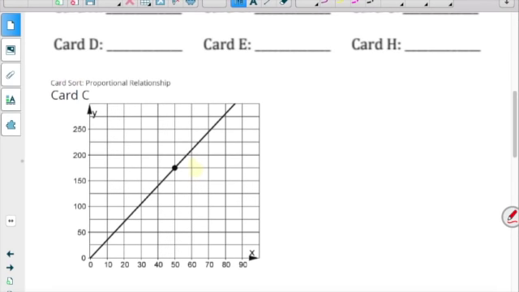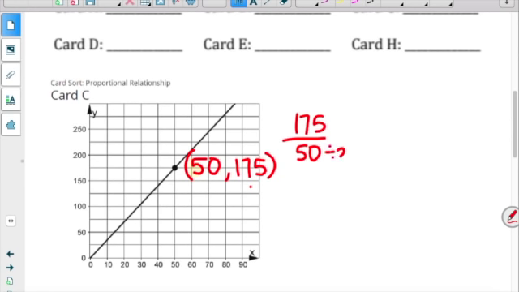So what number is halfway in between 150 and 200? 175. Okay, and remember which one is our numerator? It's our y, 175 over 50. So what we can do right now is simplify this. We can divide those by 25 if we want to keep it as a fraction.